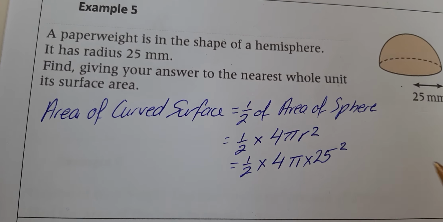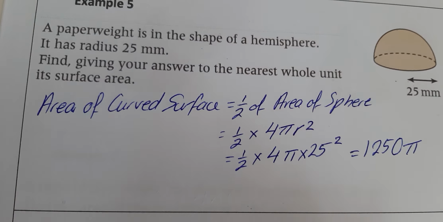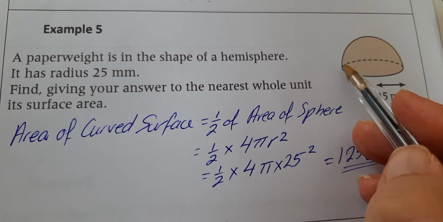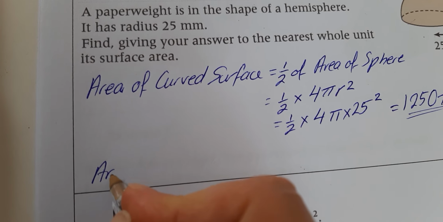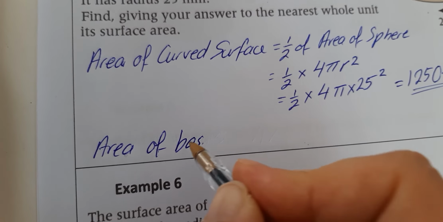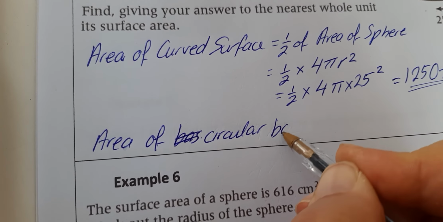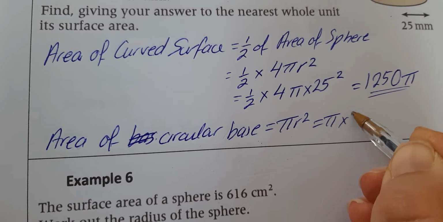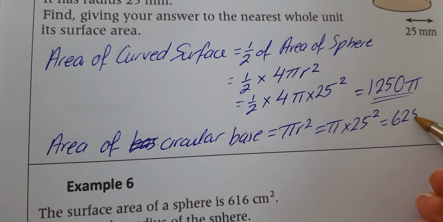Put that all in your calculator and you will get 1,250 pi. Okay, we then need to add, we have this outside bit here, the curved surface. We now need to add that circle in. So the area of the circular base equals pi r squared, which is pi times 25 squared, which will come to 625 pi.